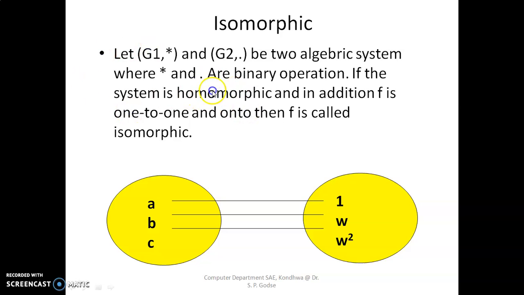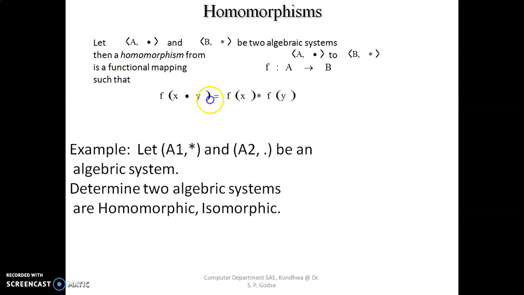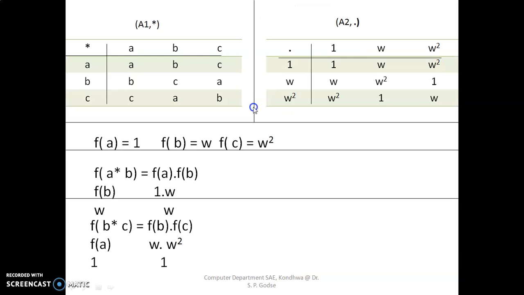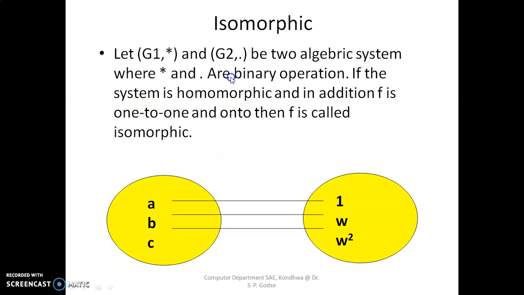Initially you have to check that the given system is homomorphic, where f(x·y) should equal f(x)·f(y). And if along with that f is one-to-one and onto, then f is called isomorphic.